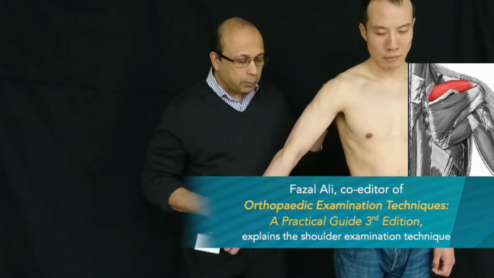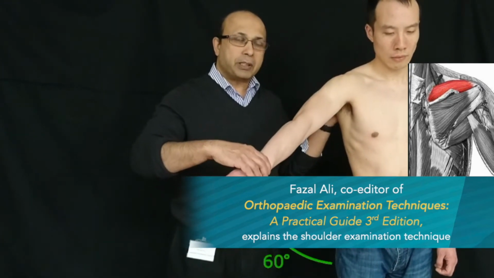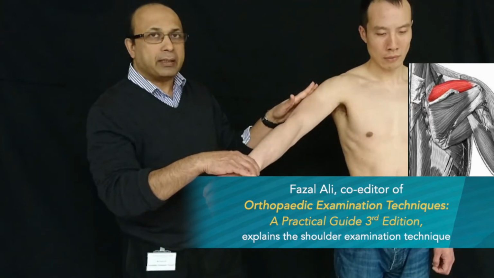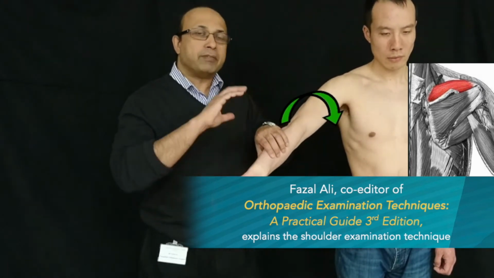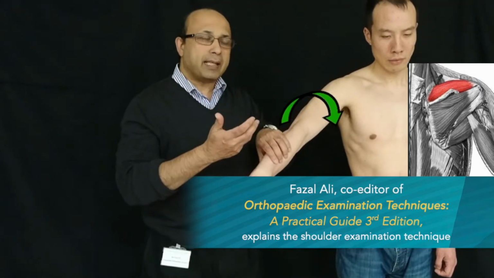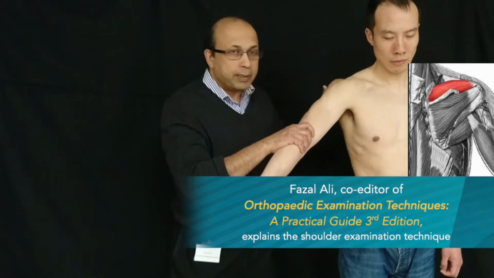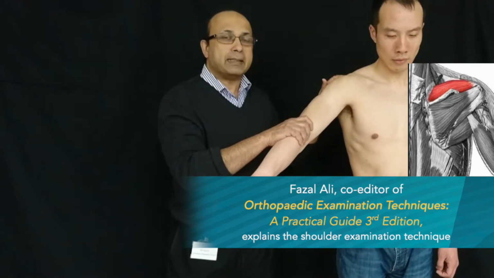Therefore, this is the coronal plane, 30 degrees forward in the coronal plane, and 60 degrees of abduction is at the point where the fibers of supraspinatus are in a straight line. And by internally rotating the shoulder, I have taken the deltoid out of the equation by slackening the deltoid. Therefore, when I ask the patient to resist my movement, it is purely supraspinatus I'm testing.